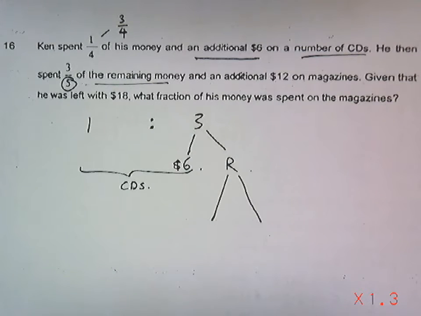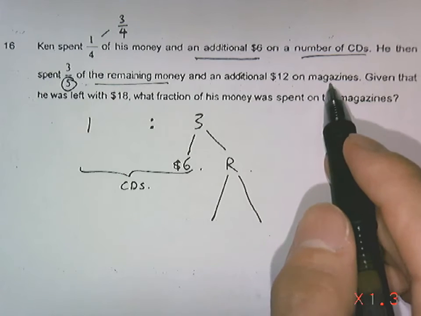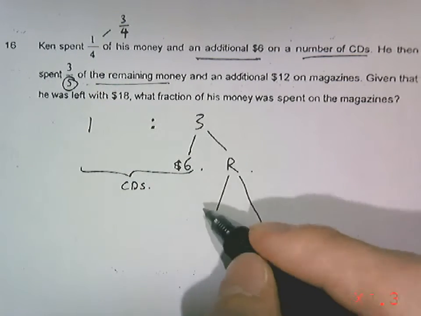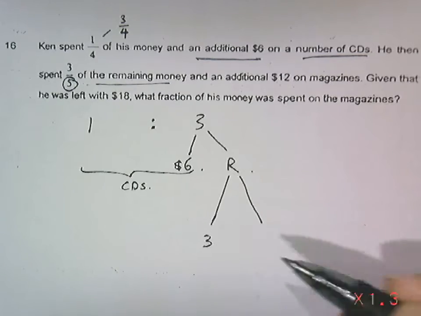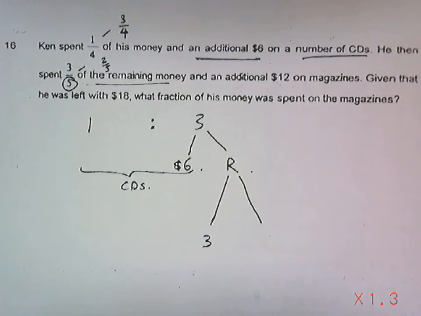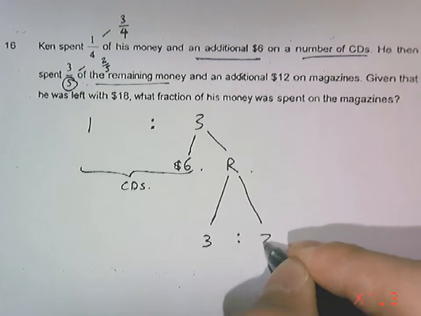So 3/5 of the remaining money and an additional $12 on magazines. The same concept over here. If I use 3/5, there will be another 2/5 left behind. So I'm going to divide these parts into 3 and 2.